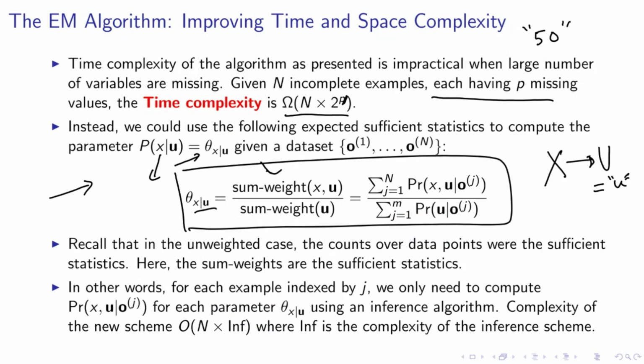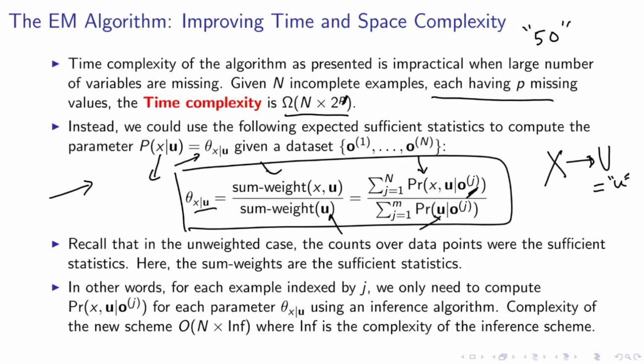The weight of x given u for each data point is equal to the probability of the joint assignment x and u given the data point oj. Similarly, the weight of u is nothing but the probability of u given the data point oj.